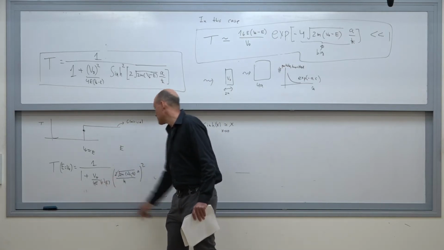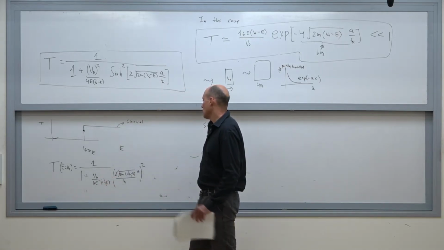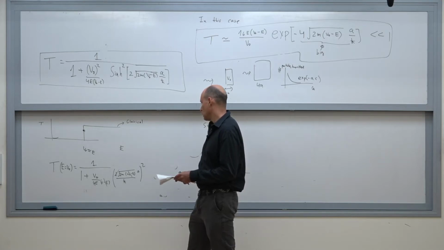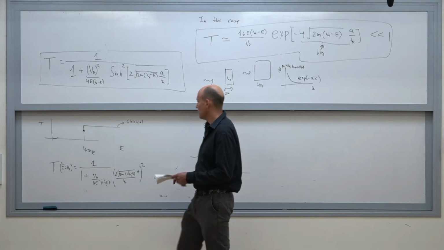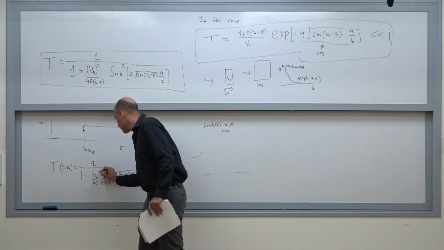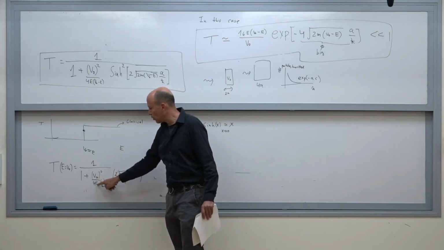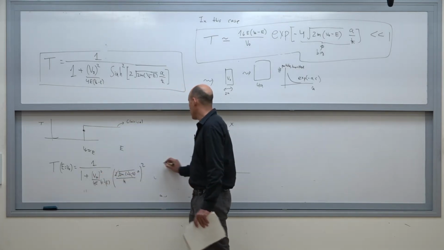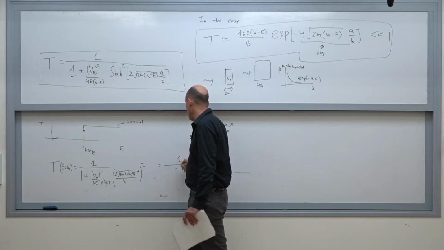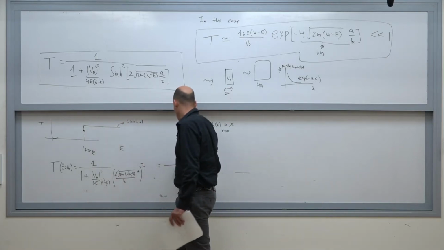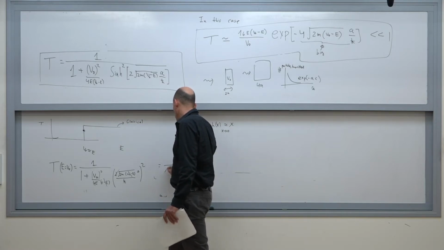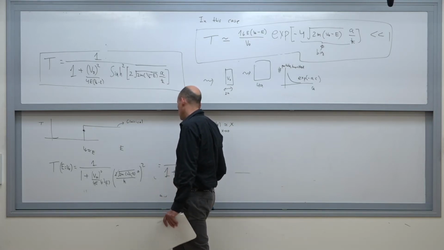This V0 is the same as this. But here I have a mistake. This is V0 squared because of this V0 squared. So V0 over E, one of them will cancel. And then this is equal to the following: 1 plus 2m a squared over h bar squared times V0.